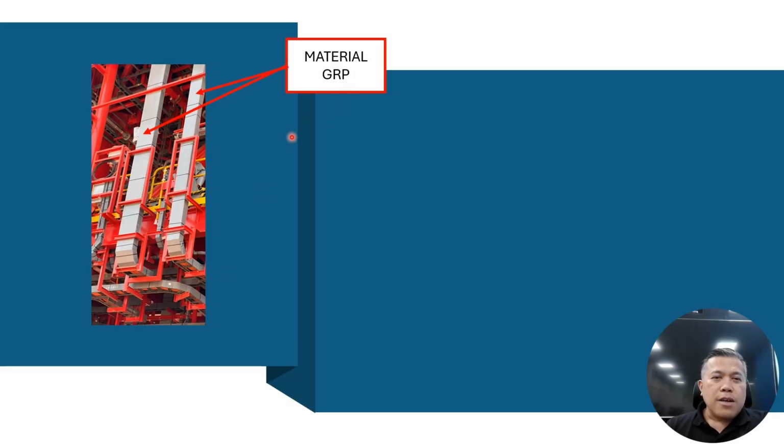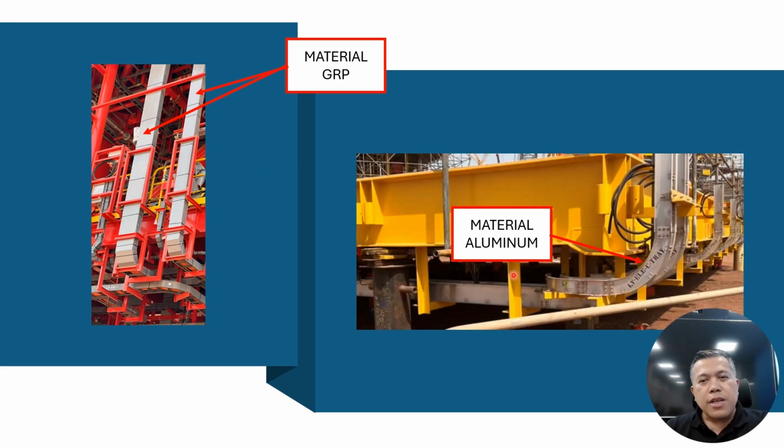This is the GRP material, as you can see here. This is basic information. And this here is aluminum. So it's very simple, and you can understand why they are using aluminum and why they are using GRP.